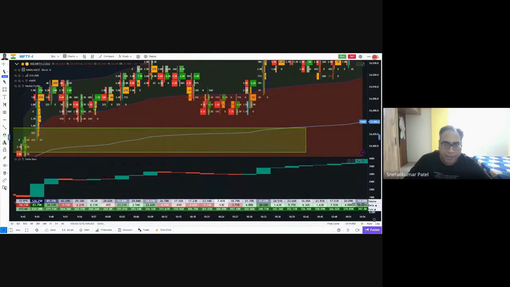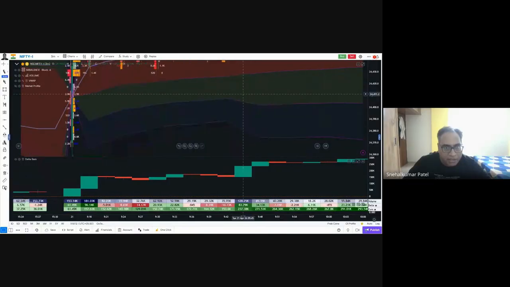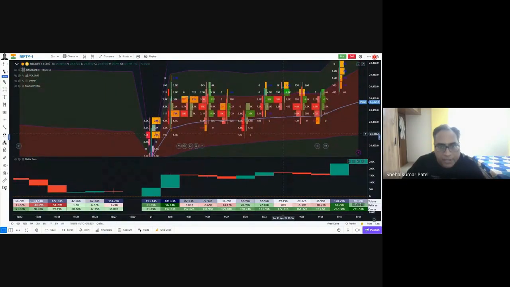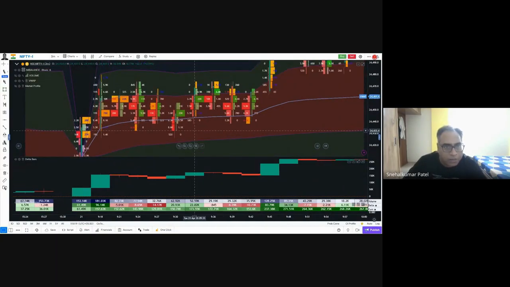We will look at trapped buyers and trapped sellers now. So I will try to find an example for that. Probably in this candle itself, we will see that example. Let me see. Yeah. So here we see a significant number of sellers, right? You can see 17,000 sellers are there, 20,000 sellers, 11,000, 7,000, 4,000, 8,000.